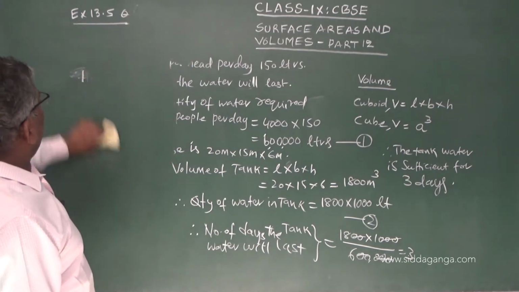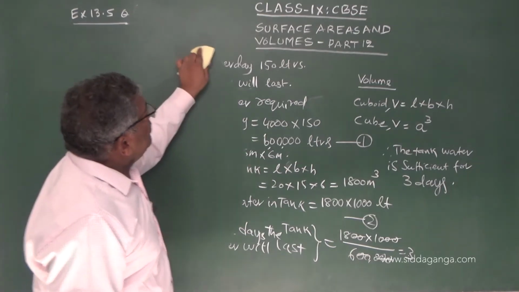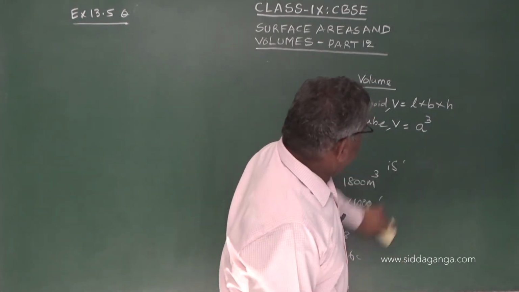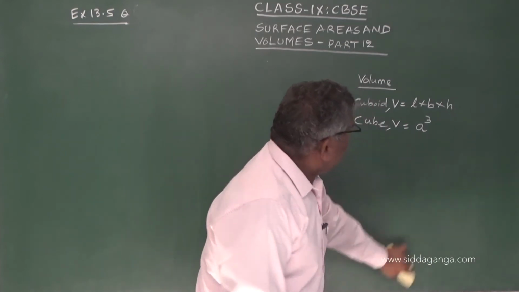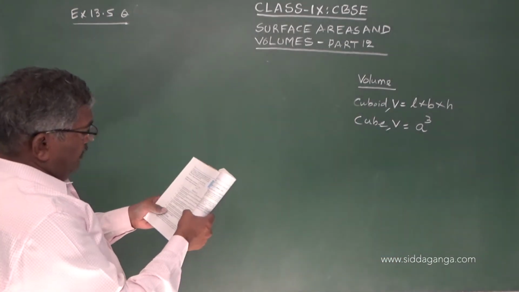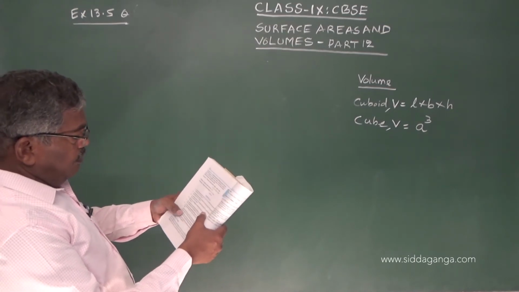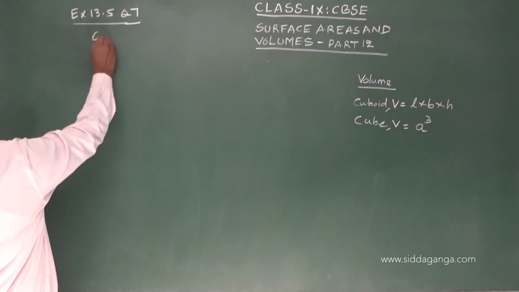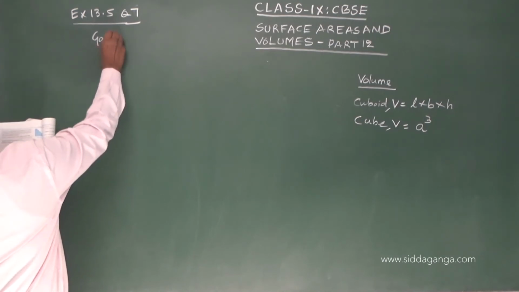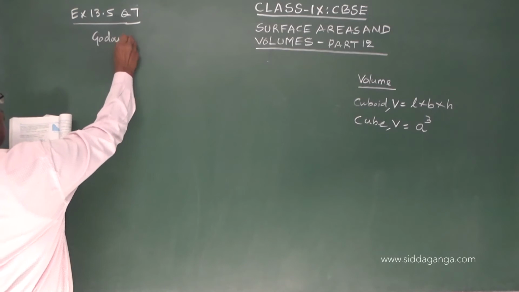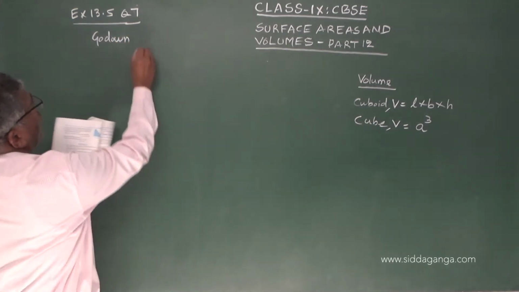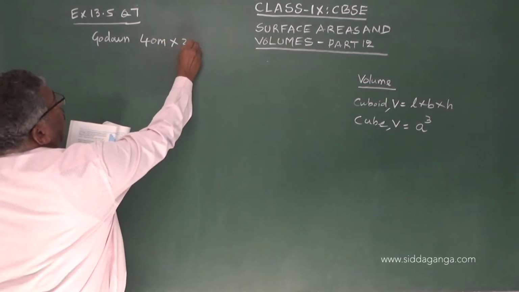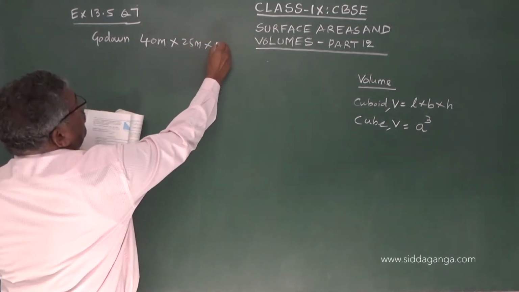Now I will move on to the 7th question. A go down measures 40 meter by 25 meter by 15 meter.